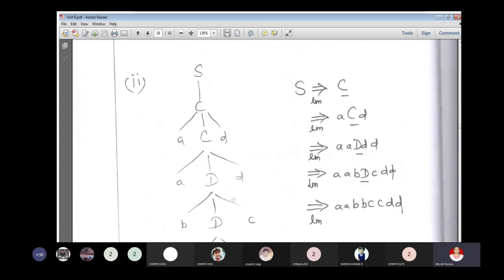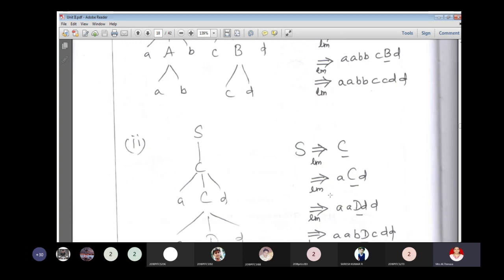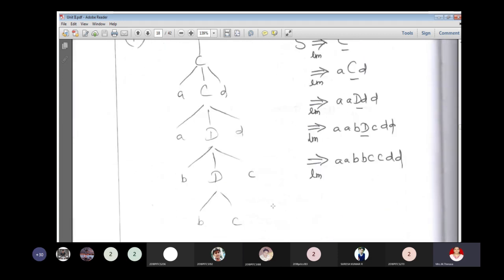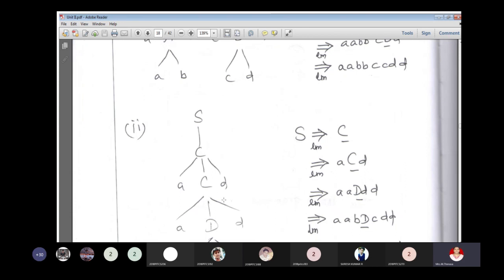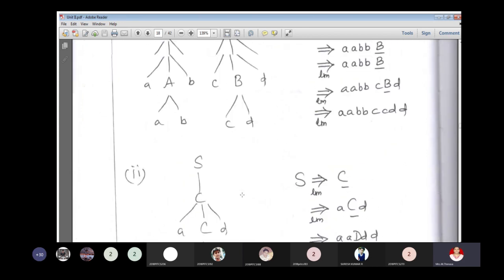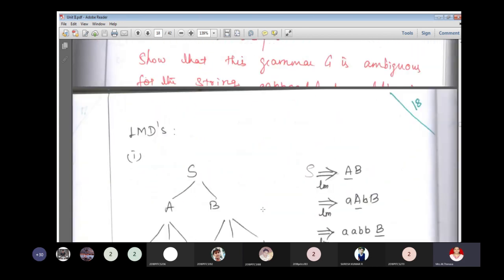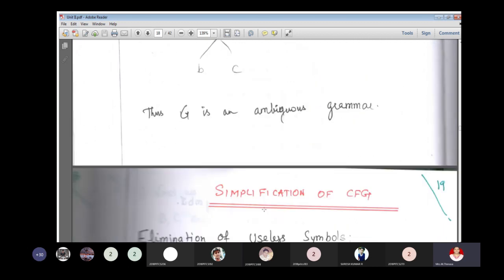And also the same string can be derived with another leftmost derivation. Okay, so the condition is you should have more than one parse tree. Here the same leftmost derivation is used, but we have got two different parse trees. So what you can conclude is the given grammar is ambiguous.